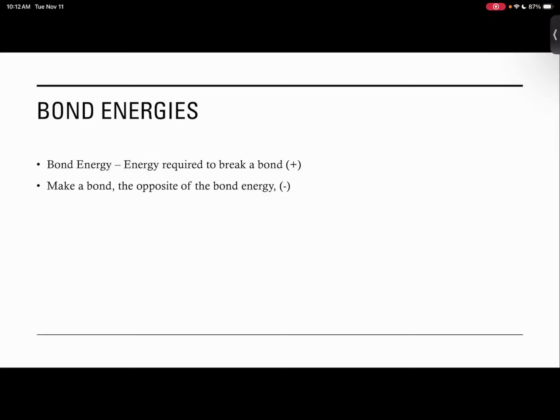Therefore, when we're talking about these bond enthalpies, the reactant side is going to be positive and the product side is going to be negative. That's the take home.